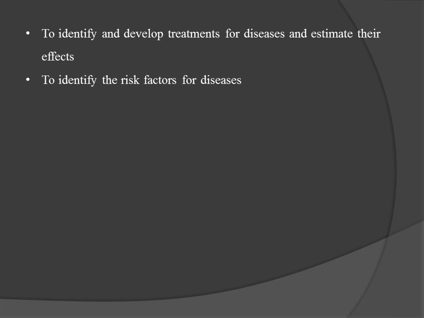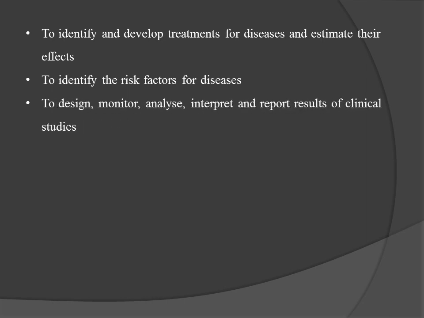It is used to identify the risk factors for diseases. For example, some factors will increase the risk of diabetes mellitus, like weight, inactivity, family history, race, even age, high BP, etc.